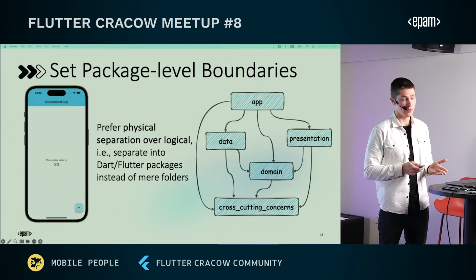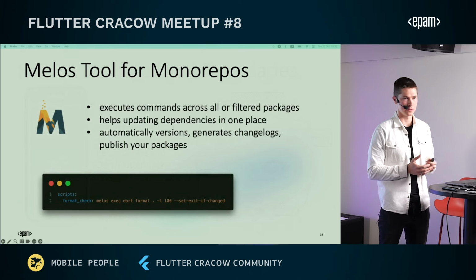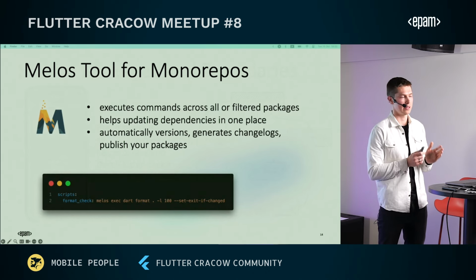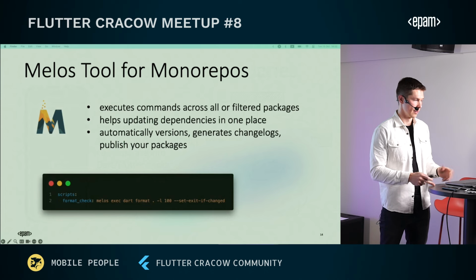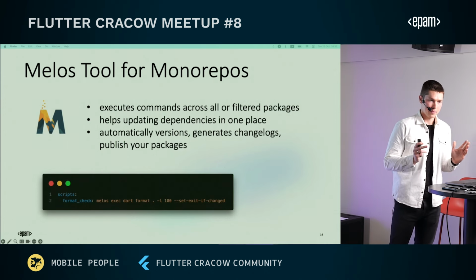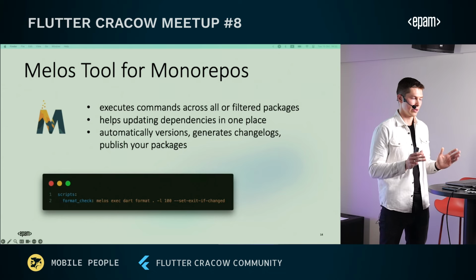And when it comes to mono repositories, there is one tool in the world of Dart and Flutter that you should definitely be aware of. And the name of the tool is Melos. From my point of view, the Melos tool helps really a lot in managing a mono repository.